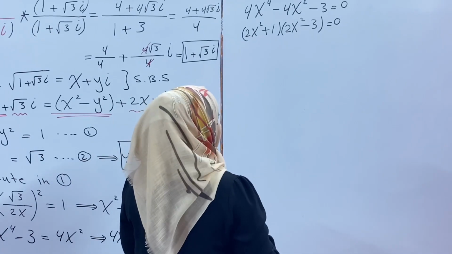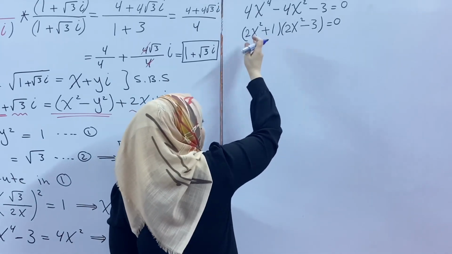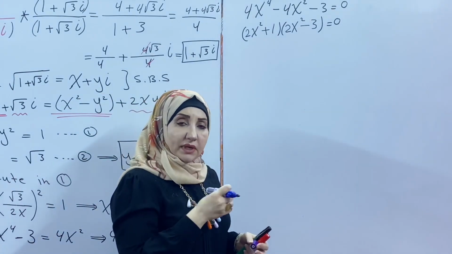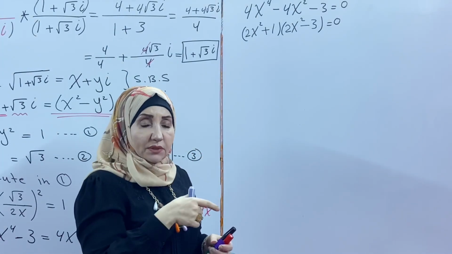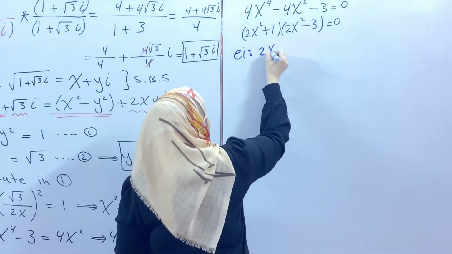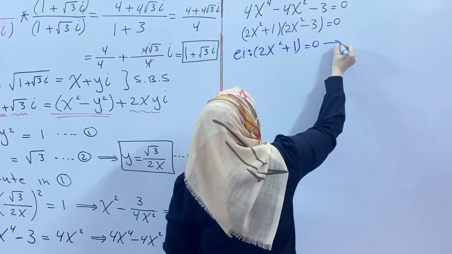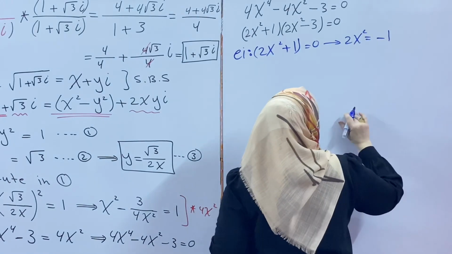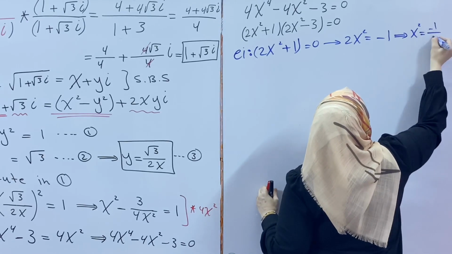So here I have the product of two expressions equal to 0. That means the first expression equals 0 or the second expression equals 0 or both of them equal 0, according to the zero property. If I have a product of two expressions equal to 0, one of them must equal 0 or both. So either 2x squared plus 1 equals 0, so that means 2x squared equals negative 1, and that means x squared equals negative half.